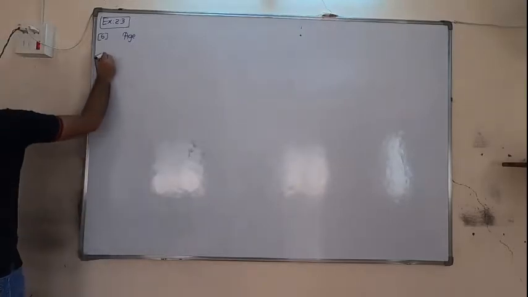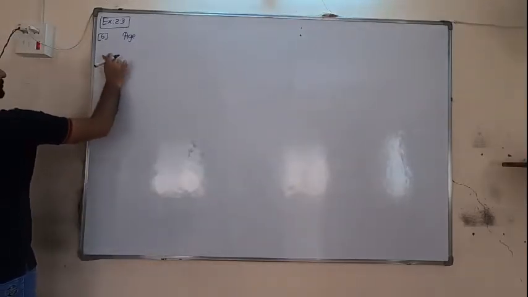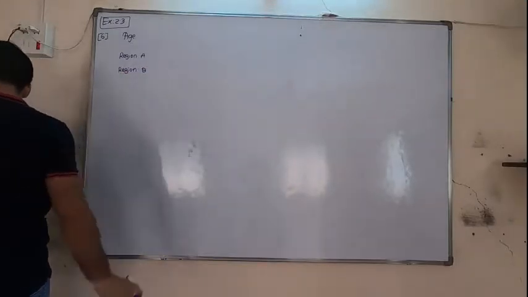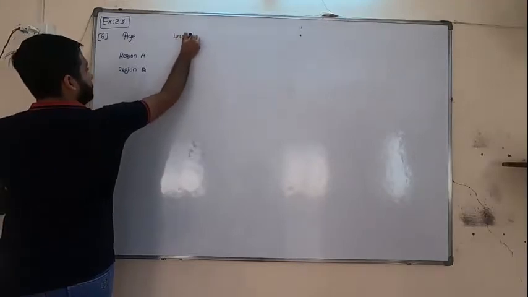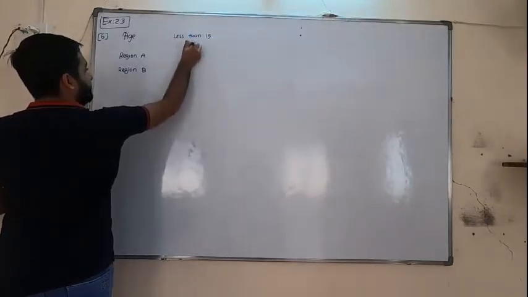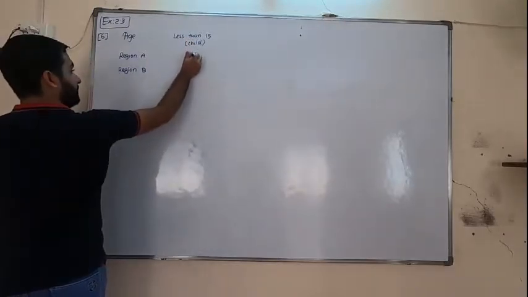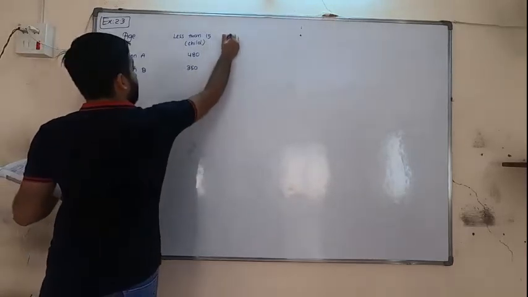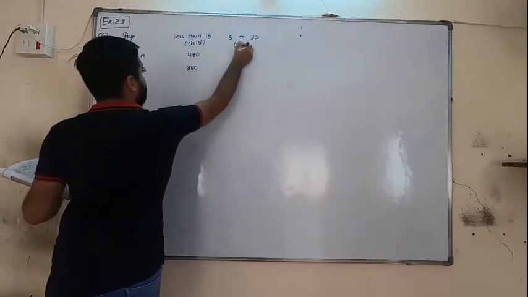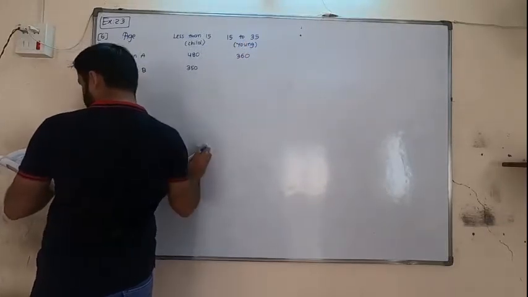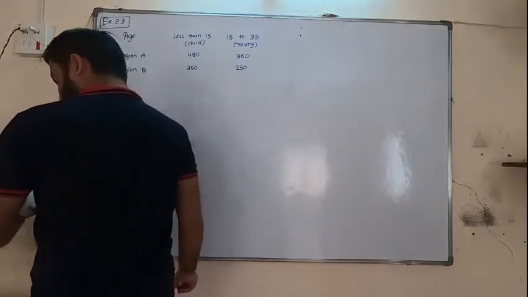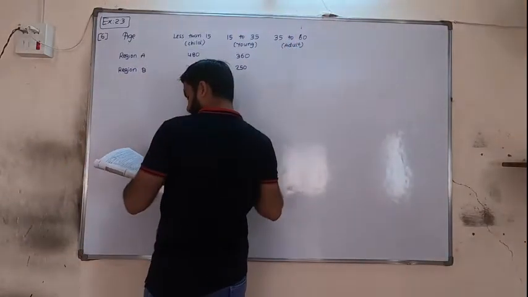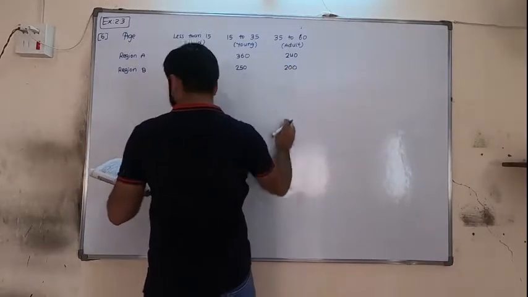Age: Region A, region B. Less than 15, children: 480, 360, 350. 15 to 35, they are young: 360, 250. 35 to 60 are adults: 240, 100.